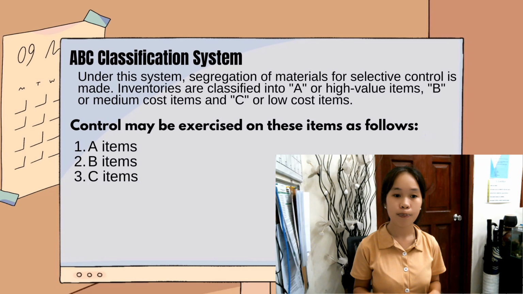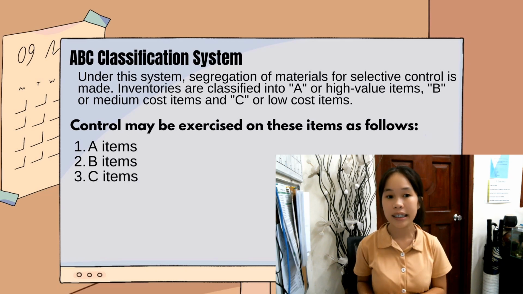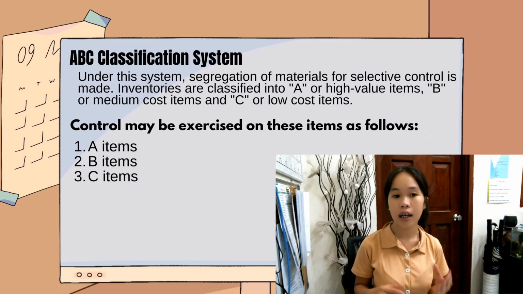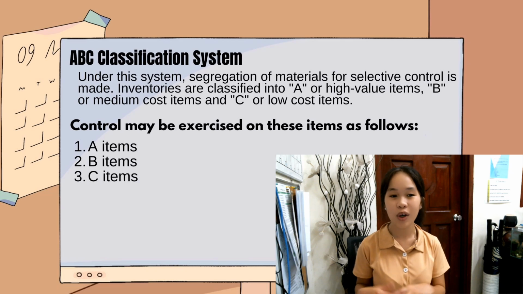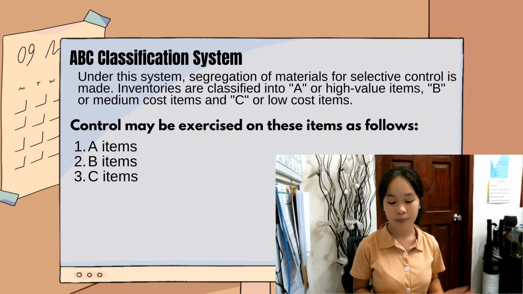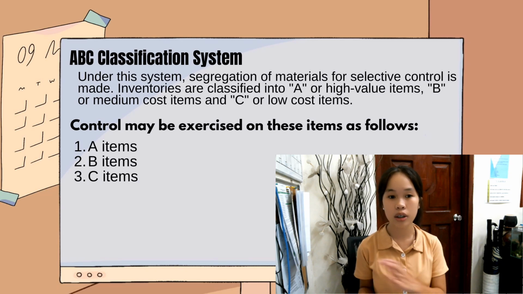And second, B items. B items get normal controls involving good records and regular attention, good analysis for EOQ and order point, but reviewed quarterly only or when major changes occur.